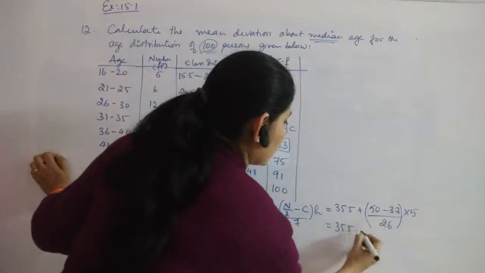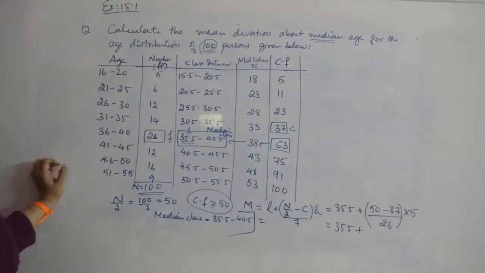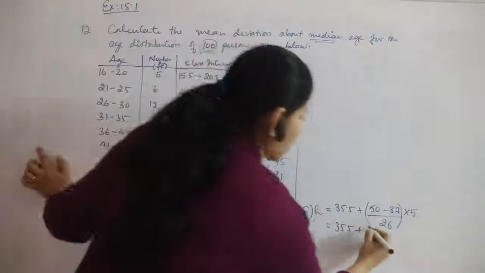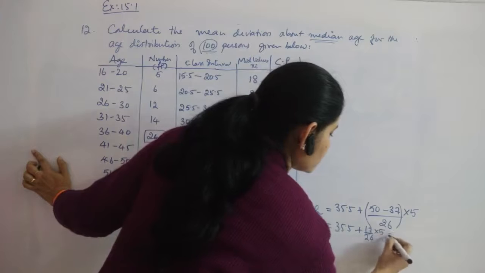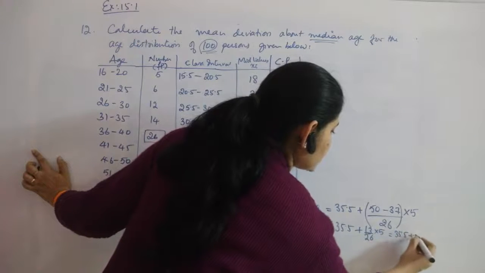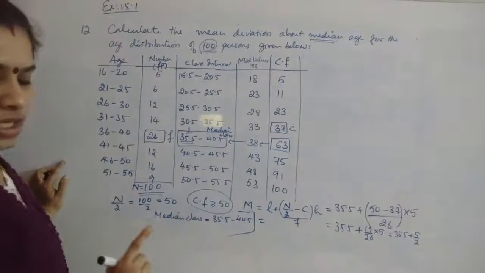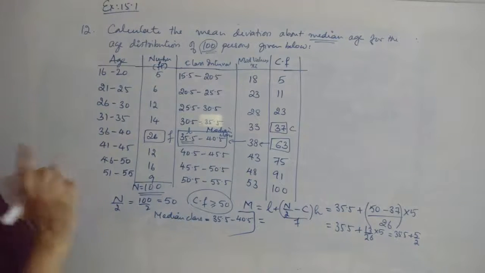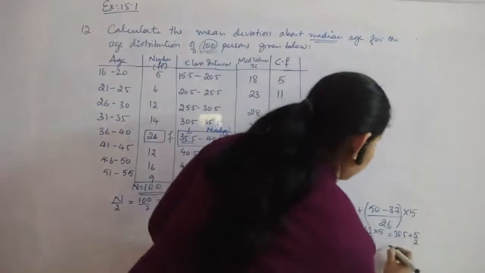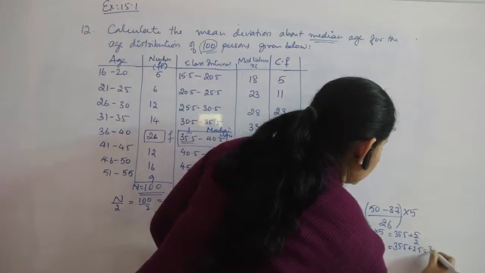Calculating, 50 minus 37 is 13, and 13 by 26 gives 1 by 2. So this becomes 35.5 plus 5 by 2, and 5 by 2 is 2.5. So 35.5 plus 2.5 is 38.